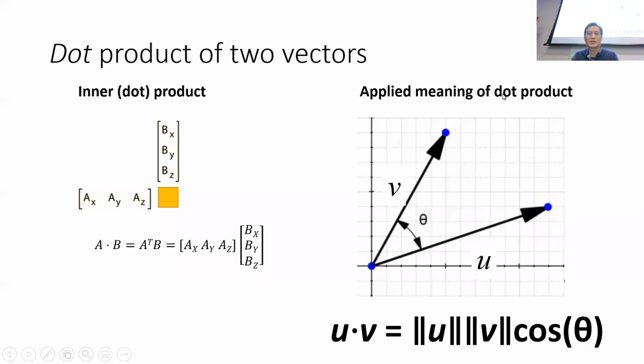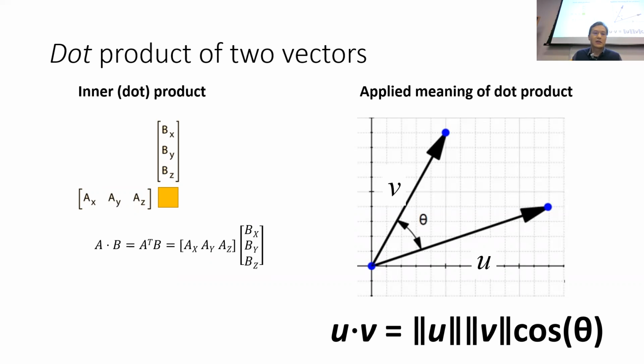Okay, so we still have to go back to very basic, because everything I'm going to explain can be traced back to the root of these very simple concepts, like dot product of 2 vectors and what that means.